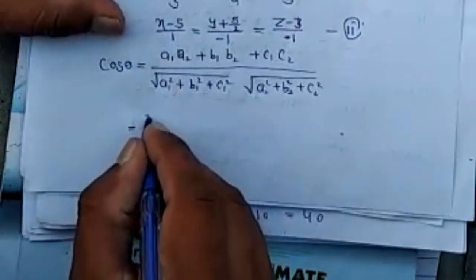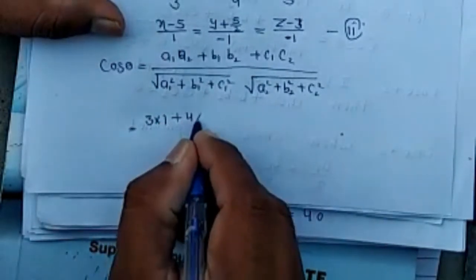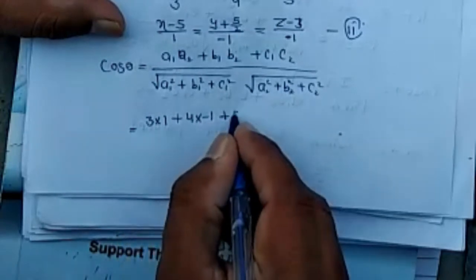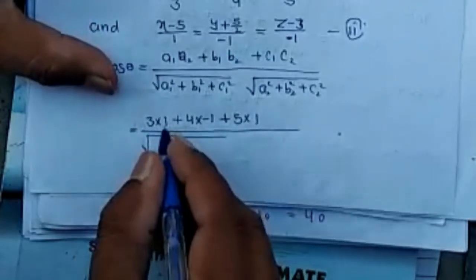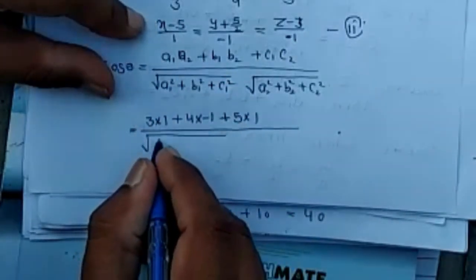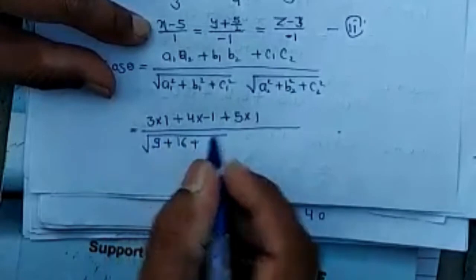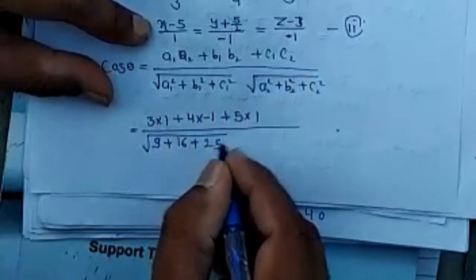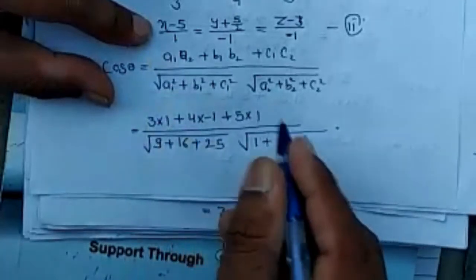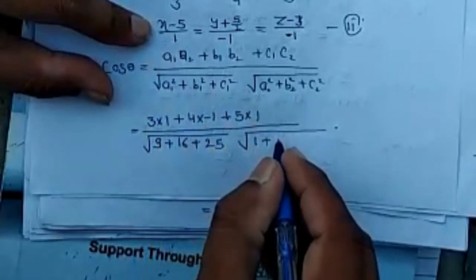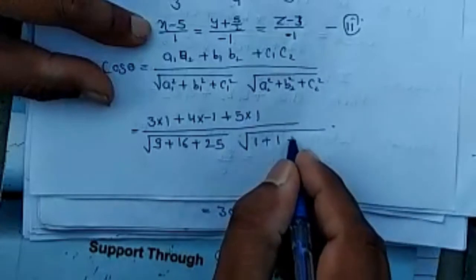Then we put 3 into 1 plus 4 into minus 1, 5 into 1 upon square root 3 square gives 9, b1 square means 4 square gives 16, c1 square which is 25, a2 square value of a2 is 1 means 1, b2 square value of b2 is minus 1, on squaring it we get 1, c2 square the value of c2 is 1 is 1.